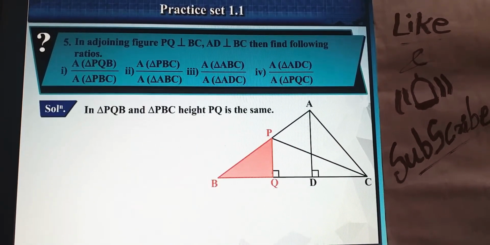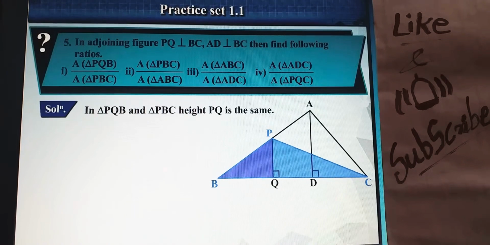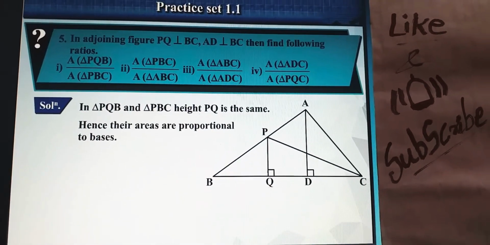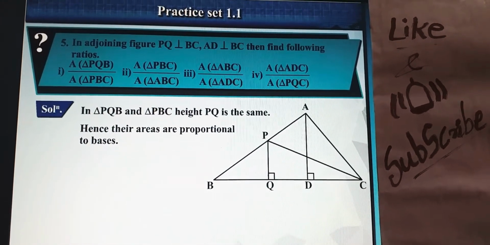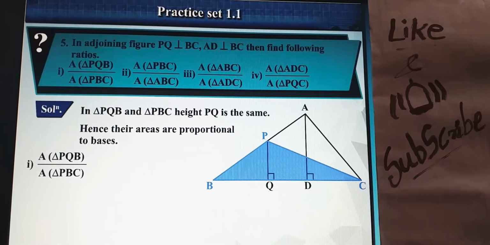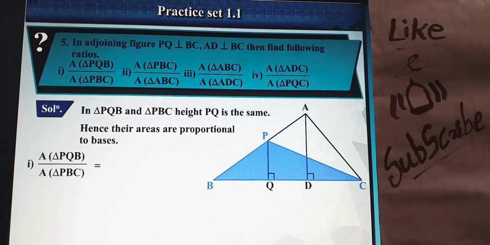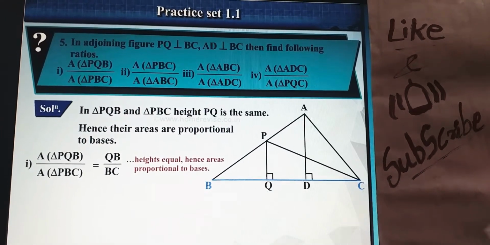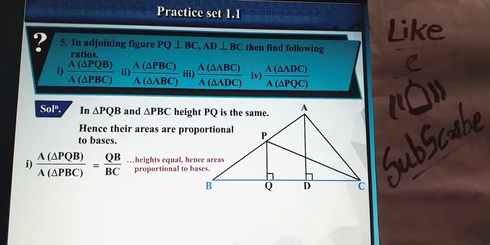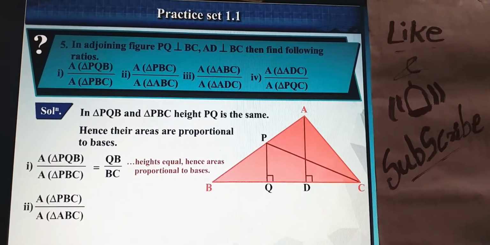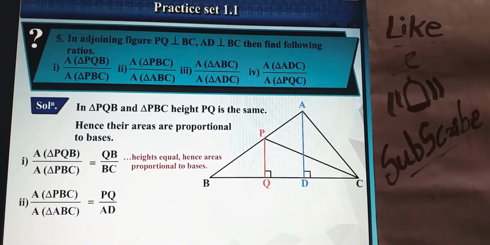Solution. In triangle PQB and triangle PBC, height PQ is the same. Hence, their areas are proportional to bases. 1. Area of triangle PQB upon area of triangle PBC is equal to QB upon BC. Heights equal, hence areas proportional to bases. 2. Area of triangle PBC upon area of triangle ABC is equal to PQ upon AD.